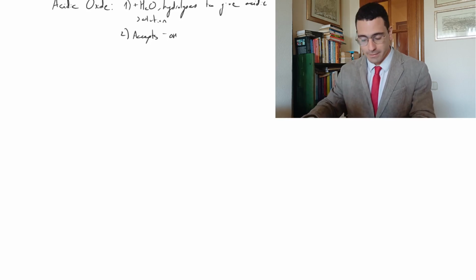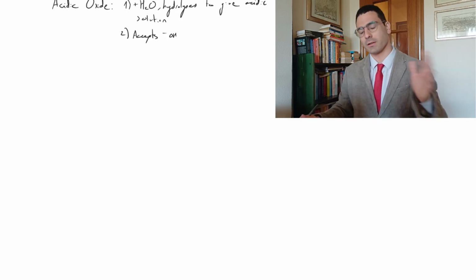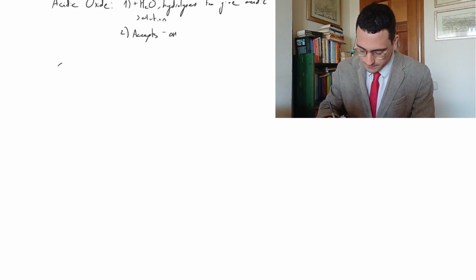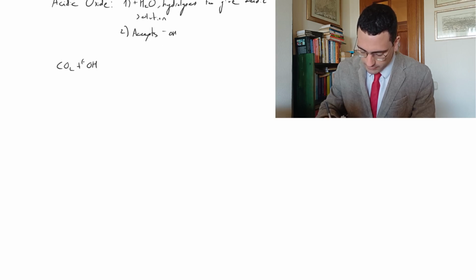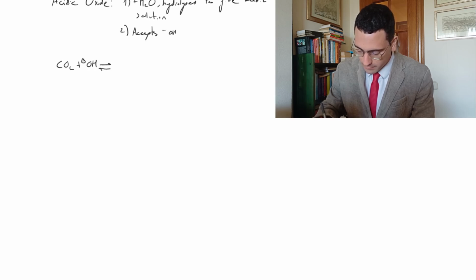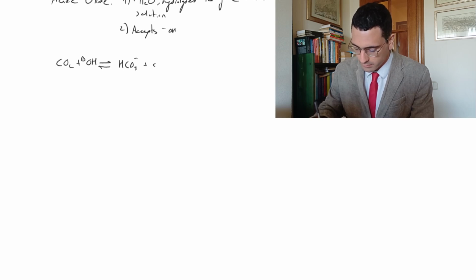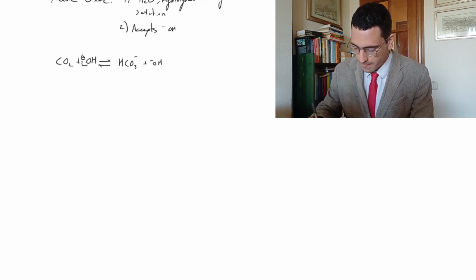Some will be very, very familiar because we interact with them in our daily lives, and others probably not. So one example would be carbon dioxide, CO2, can accept a hydroxide anion, and this reaction would be in equilibrium with hydrogen carbonate, which has a single negative charge, and so there's two hydroxide anions.